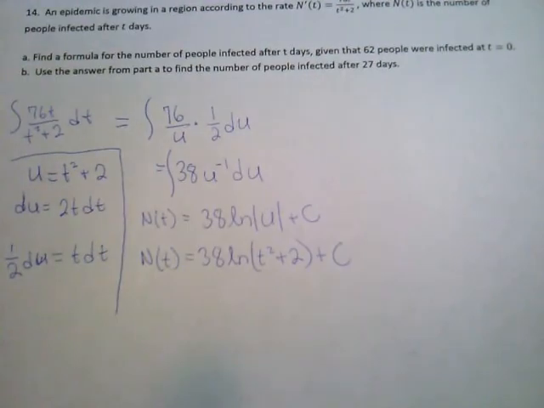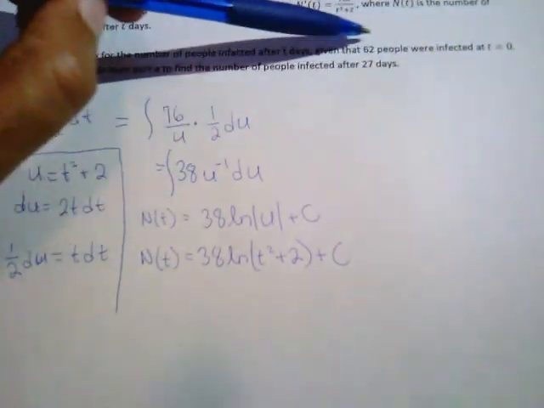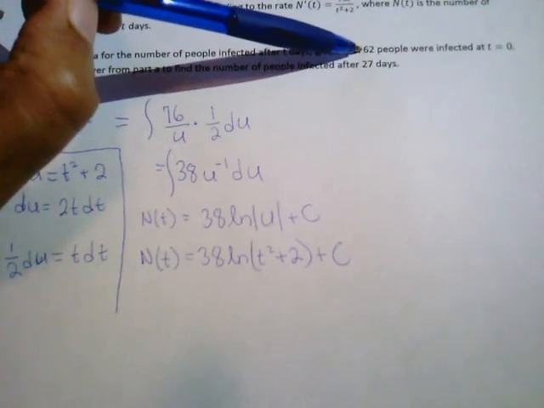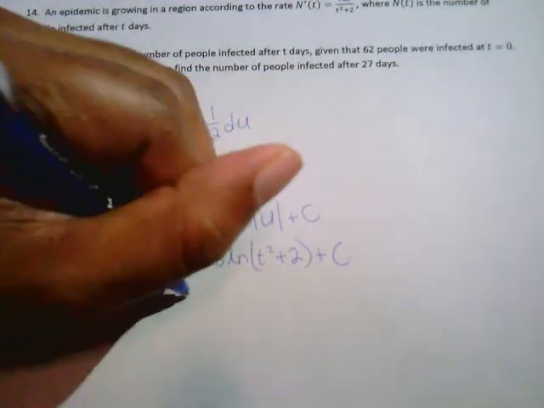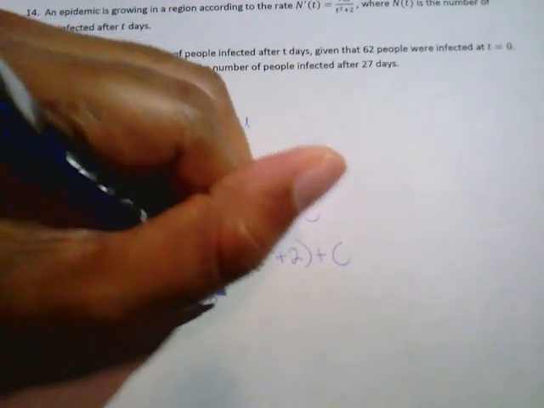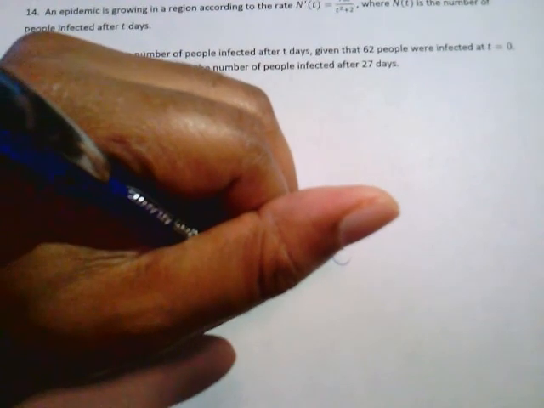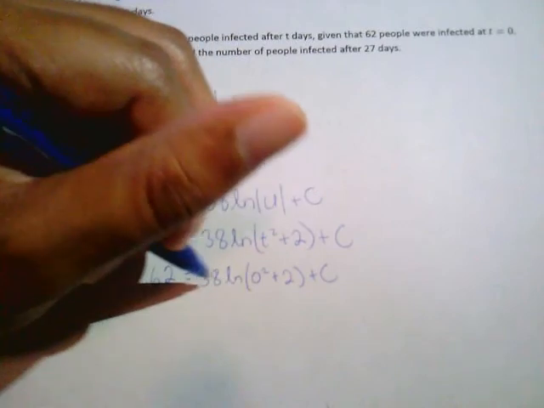Now we need to figure out what c is. So since they tell us when t is 0, our function value is 62. We're going to say 62 equals 38 ln of 0 squared plus 2 plus c. So then we'll have to subtract on this side.